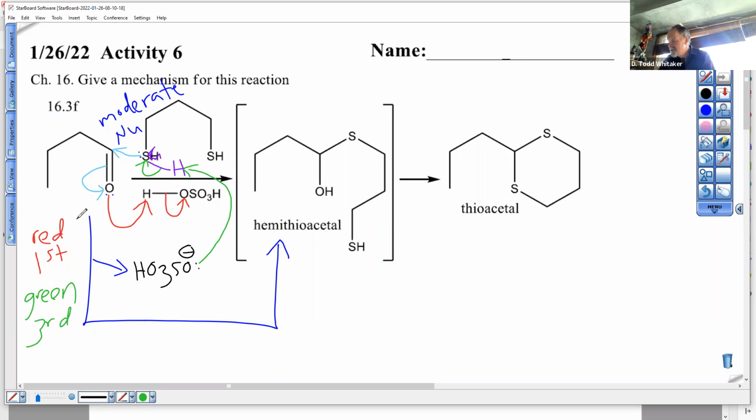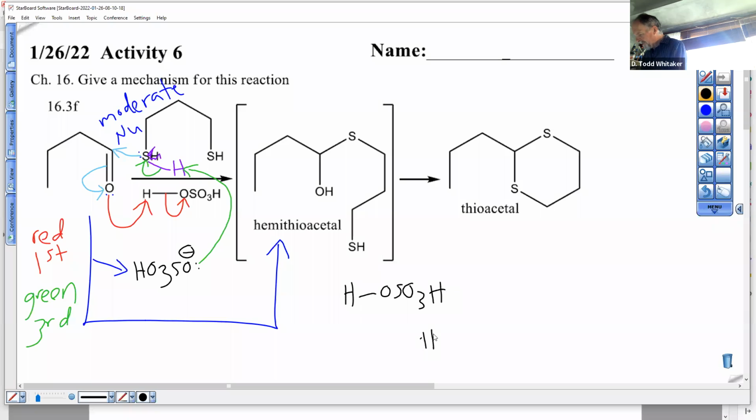We're going to combine some things here. Now, what does this mean, the square bracket? It means this is the intermediate here. So all the chemicals that you had at your disposal before are still present, including the acid, sulfuric acid, and its conjugate base, hydrogen sulfate. You're going to need both.